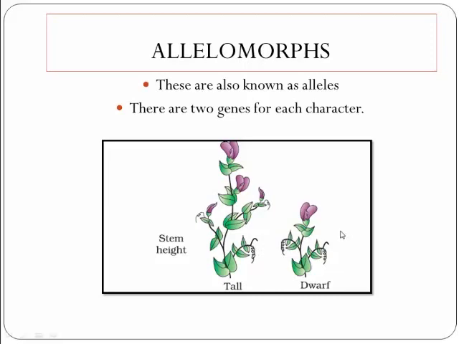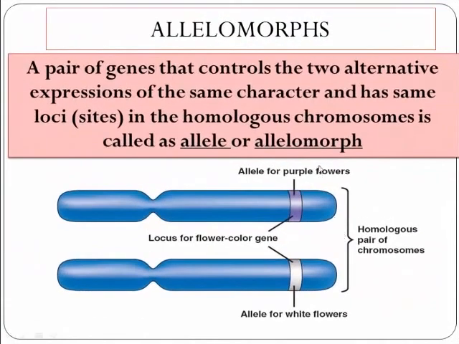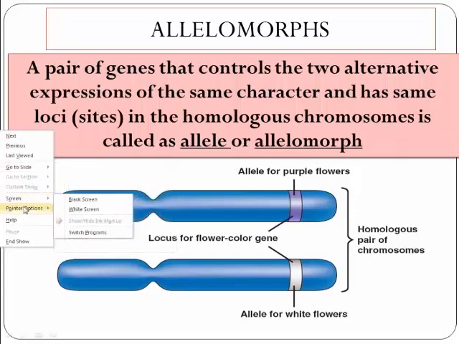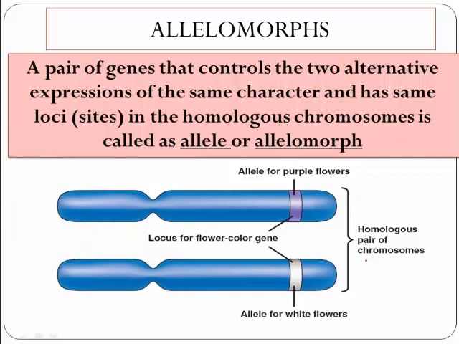A pair of genes that controls the 2 alternative expressions of the same character and has same loci in the homologous chromosome is called as allele or allelomorph. See, look at this image. These are the homologous pair of chromosomes, and they contain locus for flower color gene.